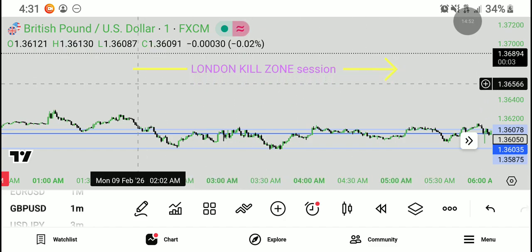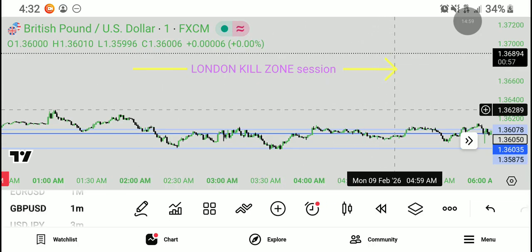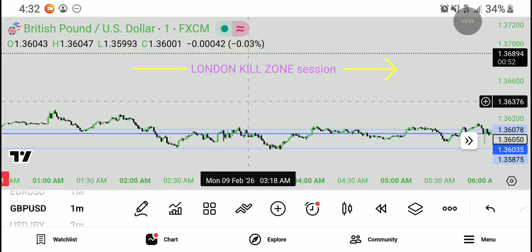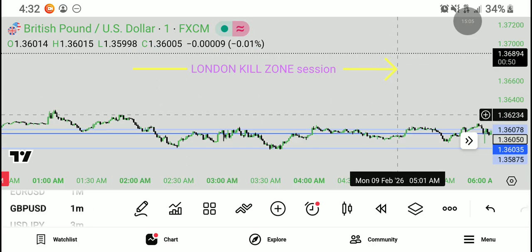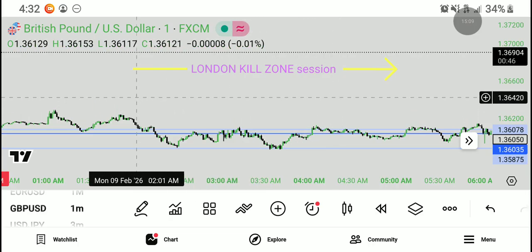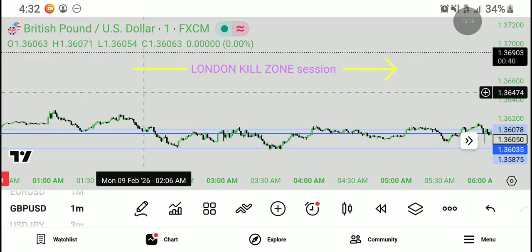Here is 2 o'clock where I want to start looking for a setup, and here is 5 o'clock where I want to stop trading. From here to here, there's kind of setup they will give you when you know what you are looking for, when you know what you want.